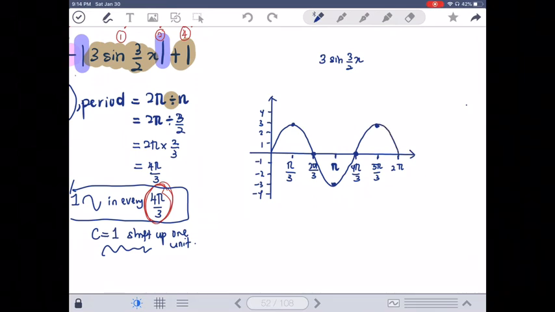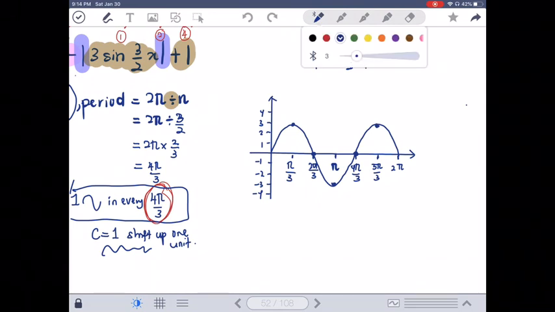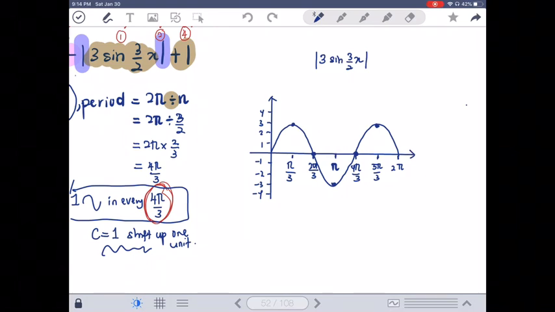Okay, done with that. The second thing is the modulus. Modulus means that anything from the negative part will be reflected to the positive part. In this case, the graph will look something like that, with a maximum at 3.